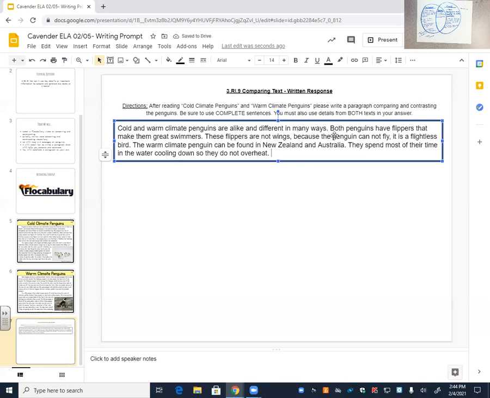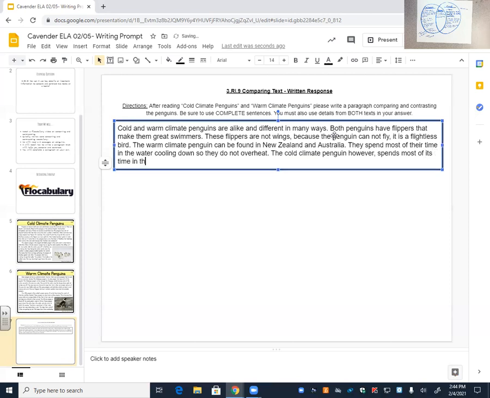Now, how is that different from the cold climate penguin? So I'm going to say the cold climate penguin, however, one of our transition words, spends most of its time in the water playing and looking for food.